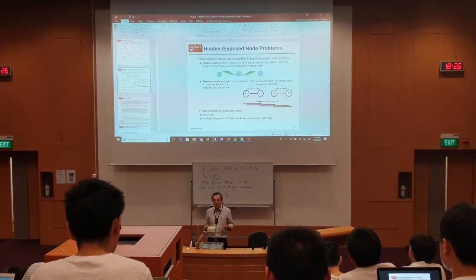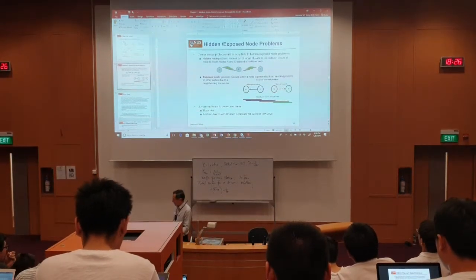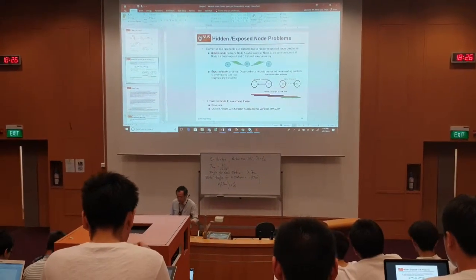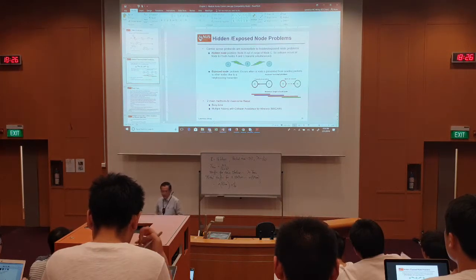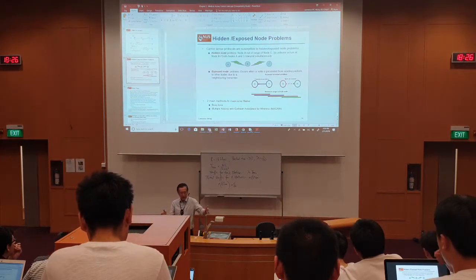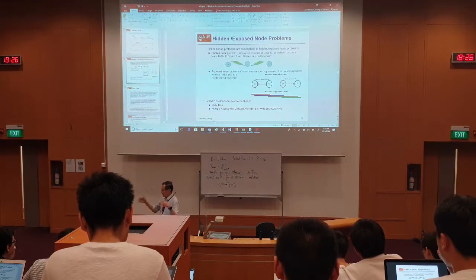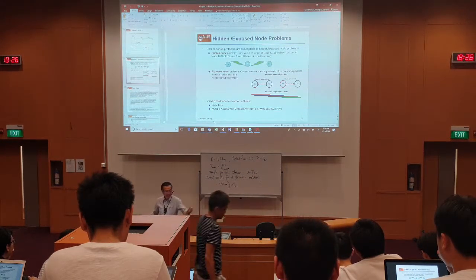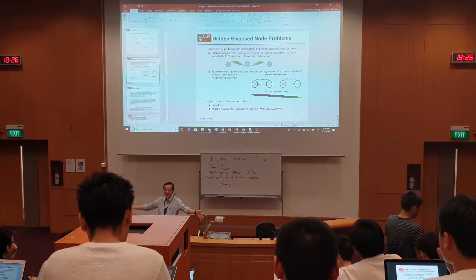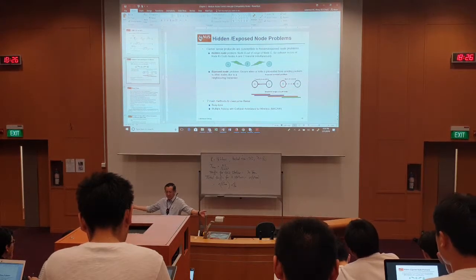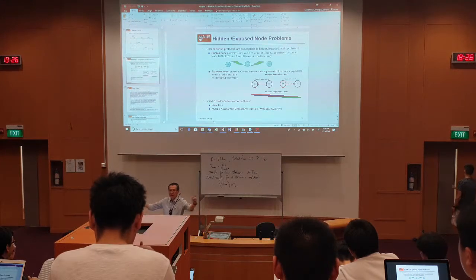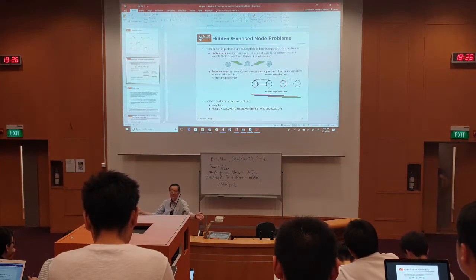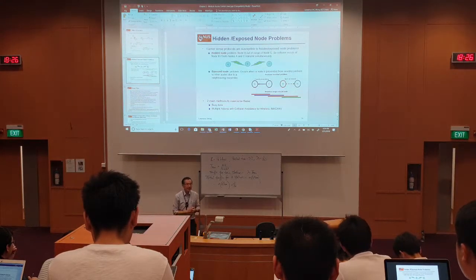In the hidden node problem, we have A here, B here, and C here. A and B can hear each other. B and C can hear each other, but A and C cannot hear each other. So both of them want to send data to B. But because they cannot hear each other, they may send at the same time and there's a collision. That's the hidden node problem.